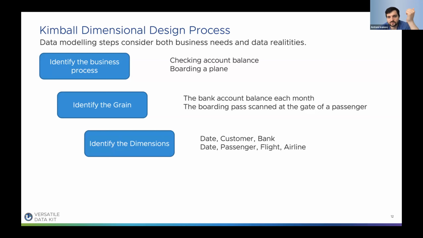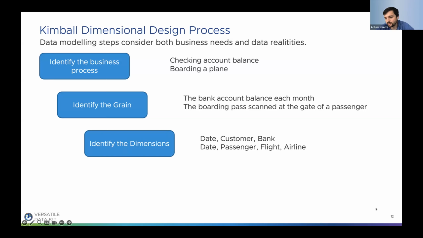So in the example I'm using for account balance, that would be the date for the month, the customer whose account balance we're looking at, the bank, where it is, or for boarding a plane, the day the passenger arrived there, and so on.